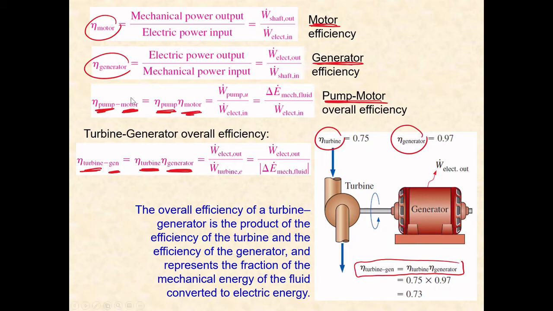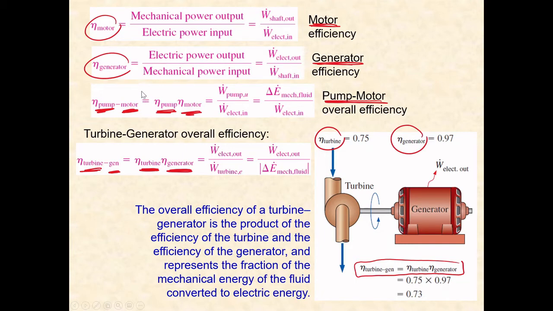So first of all, the motor has its own efficiency. A motor is not 100% efficient, which means some energy is lost as a result of conversion from the electricity to the shaft work. How is the energy lost? The energy is lost in the forms of friction, noise, and heat. Okay, and then another loss is encountered when the energy is converted from the shaft work to the water.